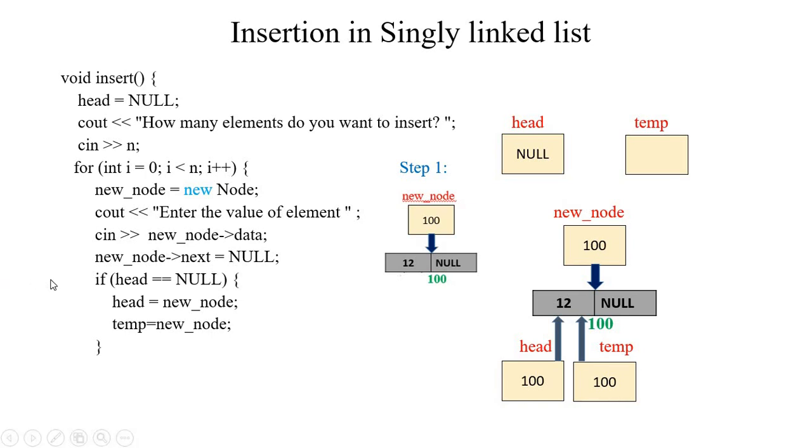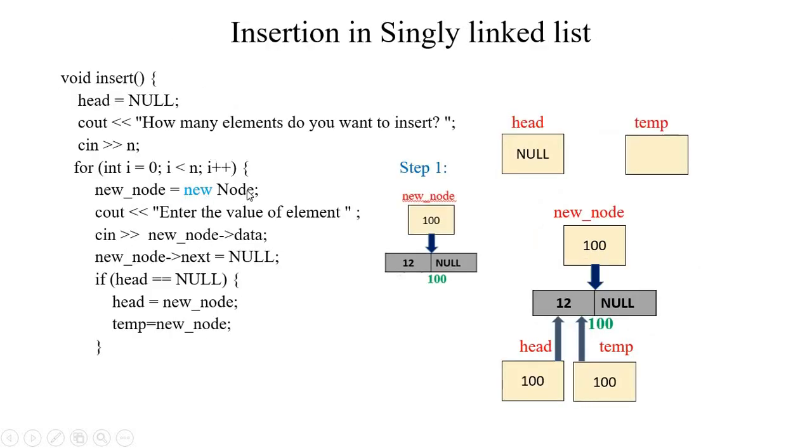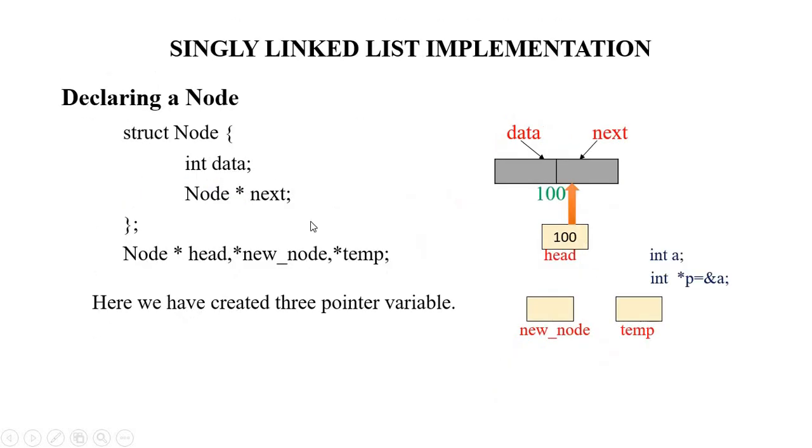The first step while inserting is we have to create a node. How to create a node: new, in blue, is a keyword used to create a node, and node is the name of the structure.